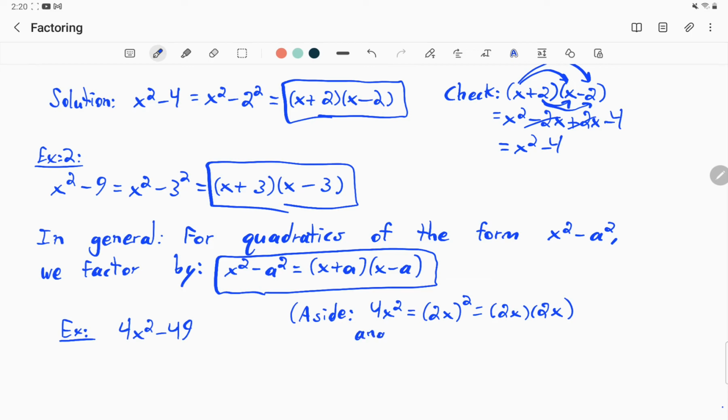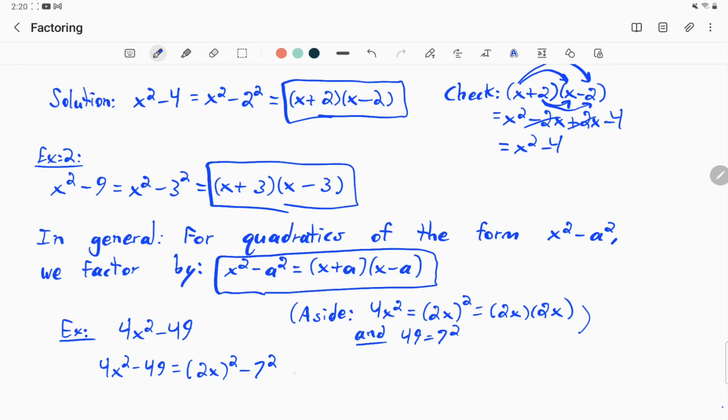And 49, well, that's 7 squared. So that's the key, always recognizing what our squares are. And it's a difference, it's got a minus sign. So 4x squared minus 49 actually equals 2x squared minus 7 squared. We have our difference of squares.